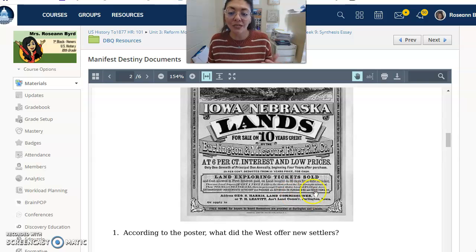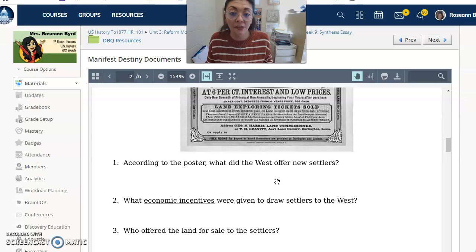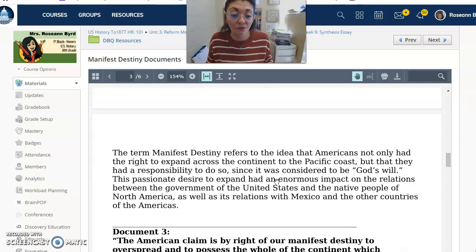So these various incentives for people to go out west, and advertising and profit making, this is very capitalistic, and you could argue in your essay that this is a cause of manifest destiny, or you could take a position that it's an effect, or you could use this to analyze how Manifest Destiny was essentially positive or negative.